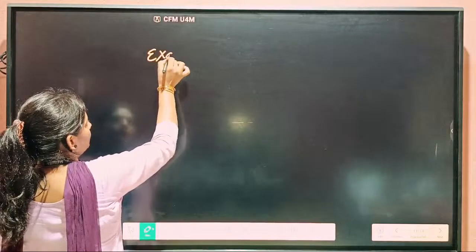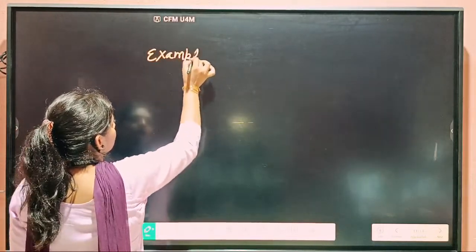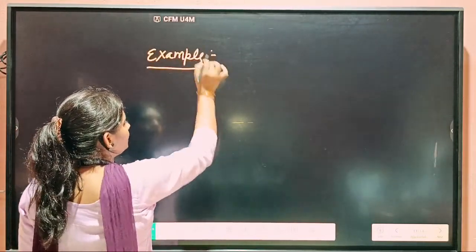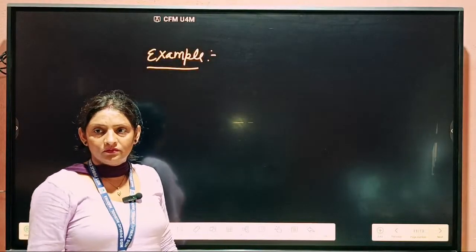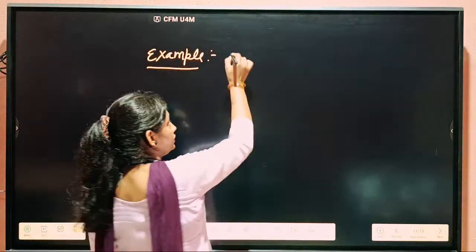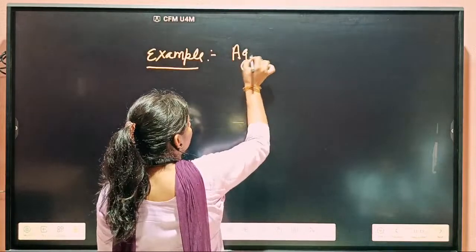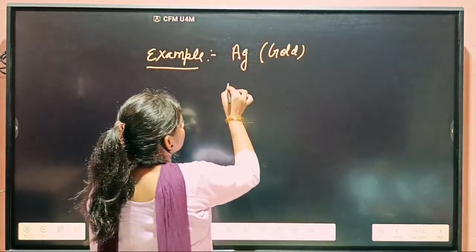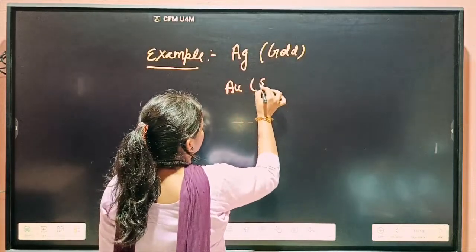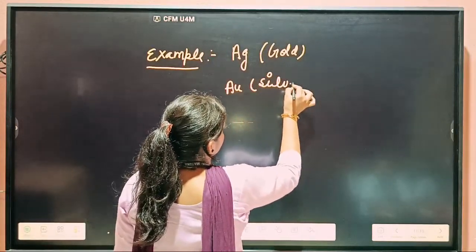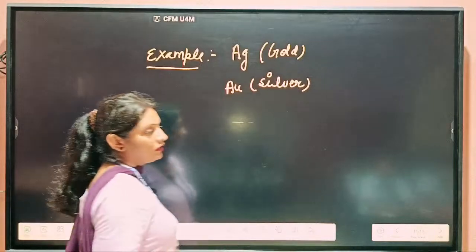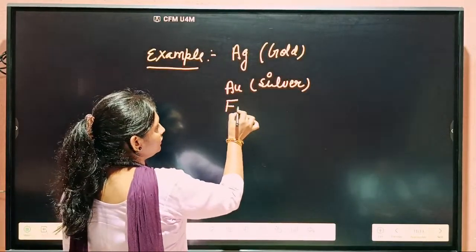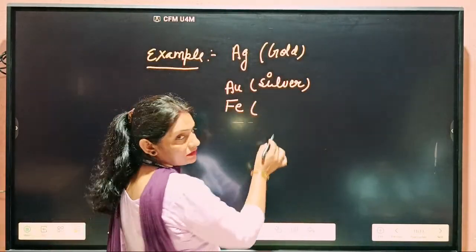Some examples of metals are, tell me about some examples of metal. Gold. Symbol of gold is Ag. Silver, Au. Iron, yes.